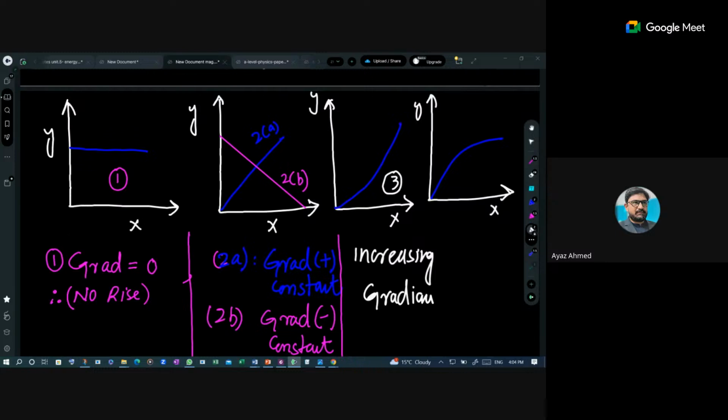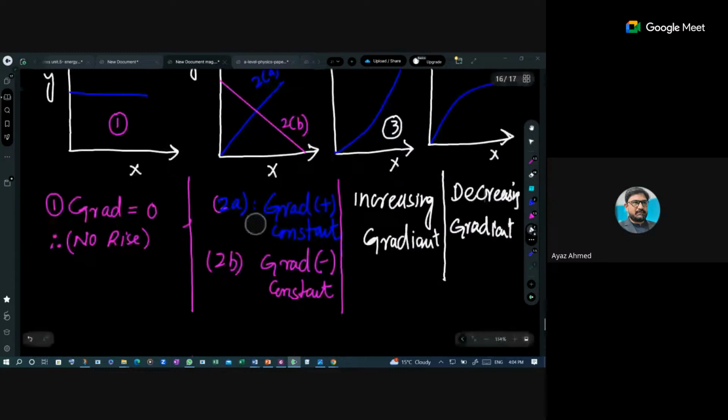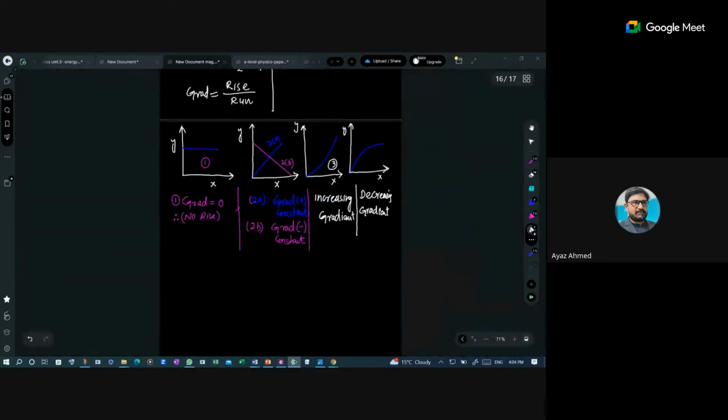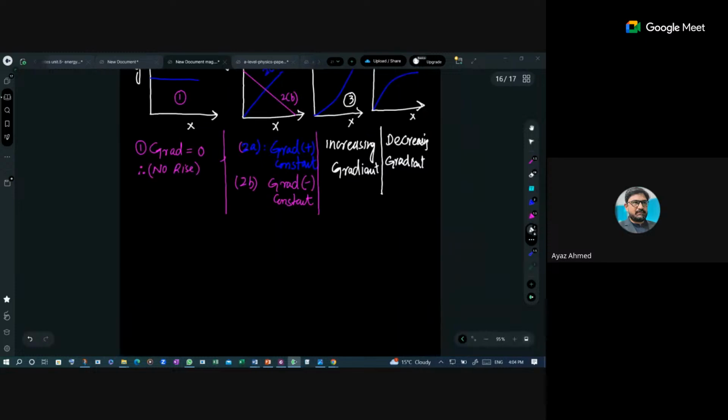Okay, so you have to remember these behaviors, and this graph has decreasing gradient. So when we have these gradients in our discussion, it will be very easy for us to tell whether the gradient is increasing, decreasing, or what else. Is it clear to both of you? Yes, sir.